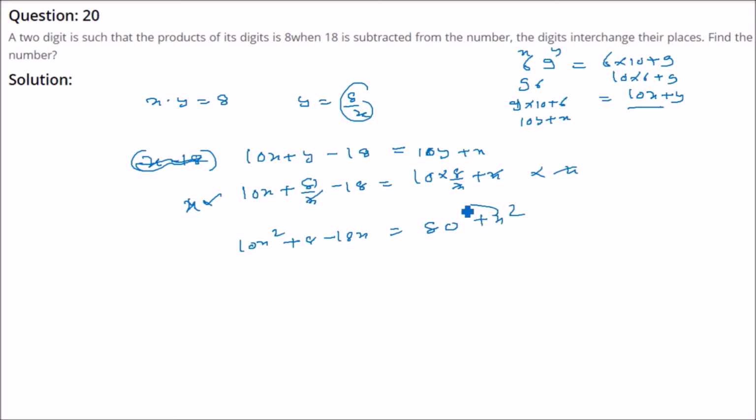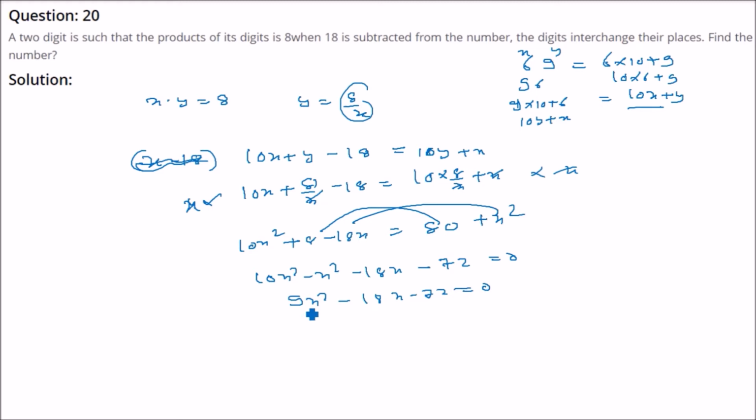Okay, so now bring all here. 10x square minus x square minus 18x. Now bring this here. This will be 8 minus 80, that is minus 72. So this will be 9x square minus 18x minus 72 equal to 0. Now divide both sides by 9. This will be x square minus 2x minus 8, since 9 8s are 72.